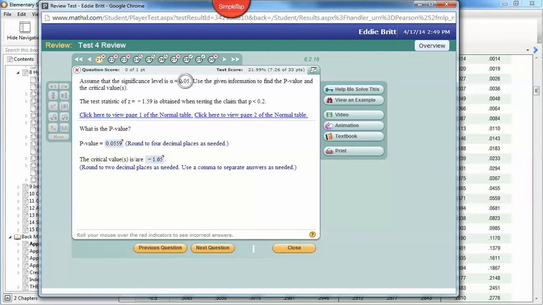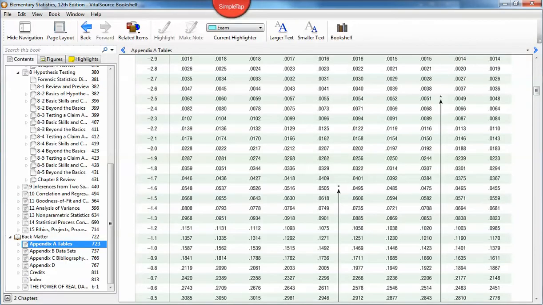We weren't given a percentage. With hypothesis testing, most of the time alpha is going to be 0.05 or 0.01. So we have to go to our table, and we want to get as close as possible to 0.05.